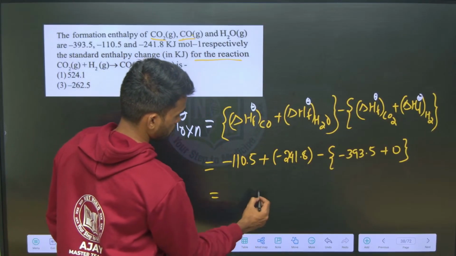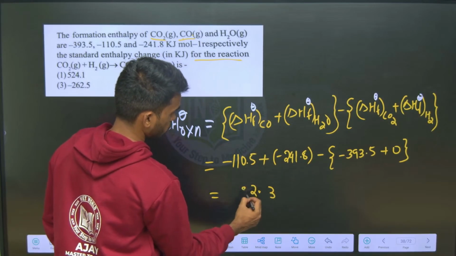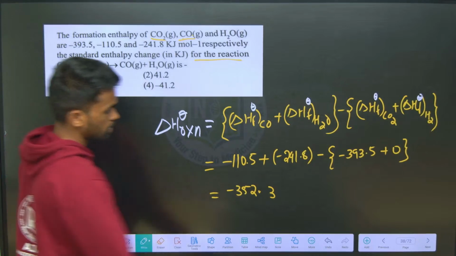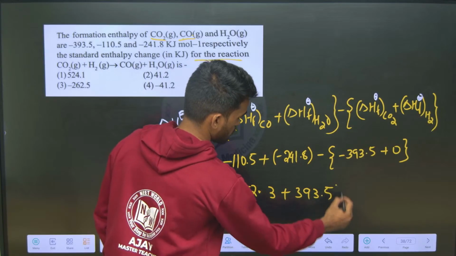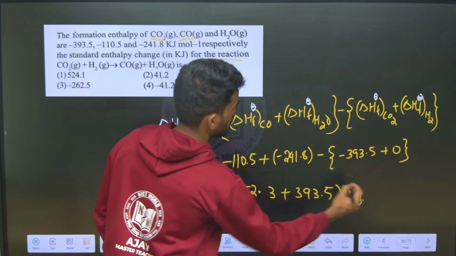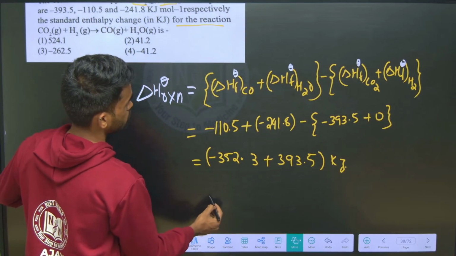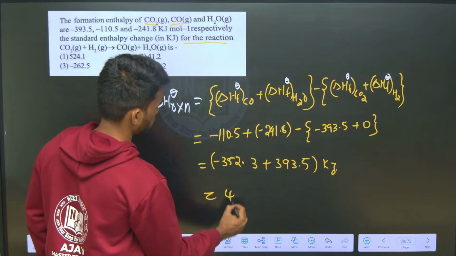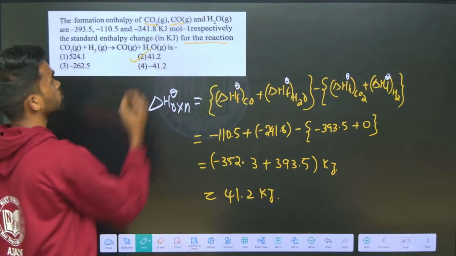This will be minus 352.3 plus 393.5 kilojoules. Okay, so what is our answer? 41.2 kilojoules. So we have option 2.